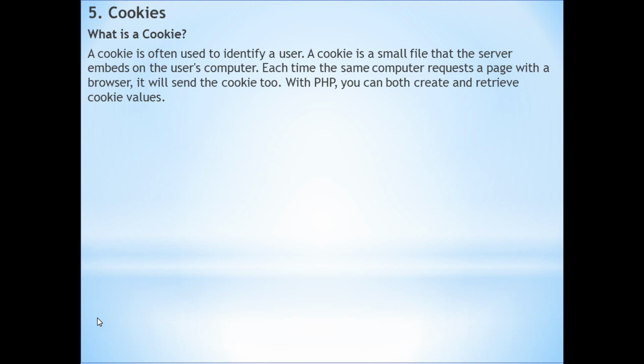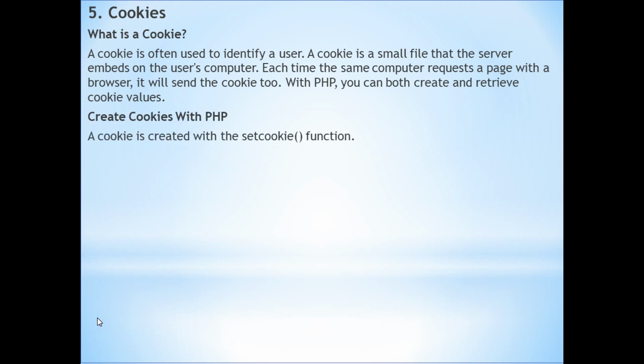The cookie is used for that. A cookie is a small file that the server embeds on the user's computer. Each time the same computer requests a page with a browser, it will send the cookie too. With PHP you can both create and retrieve cookie values.